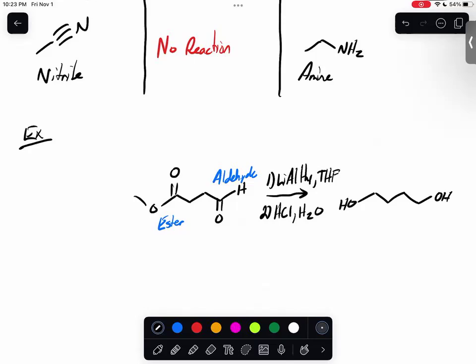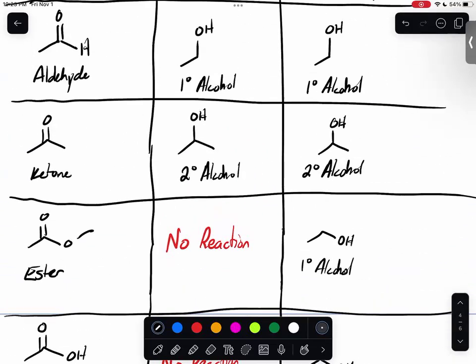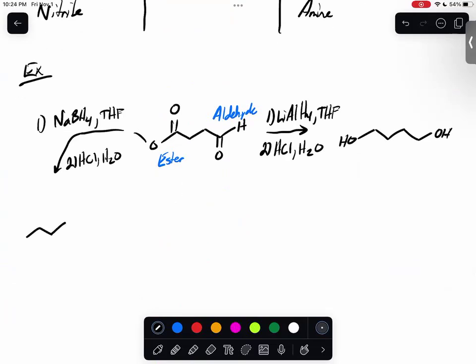But if you didn't want to have the two alcohols, let's say you instead used sodium borohydride and something like THF, and then you did your HCl, H2O workup. Well, based on sodium borohydride's reactivity, it can't do esters. So what you would actually end up with down here would be the aldehyde still converting into the alcohol, but the ester would remain untouched.